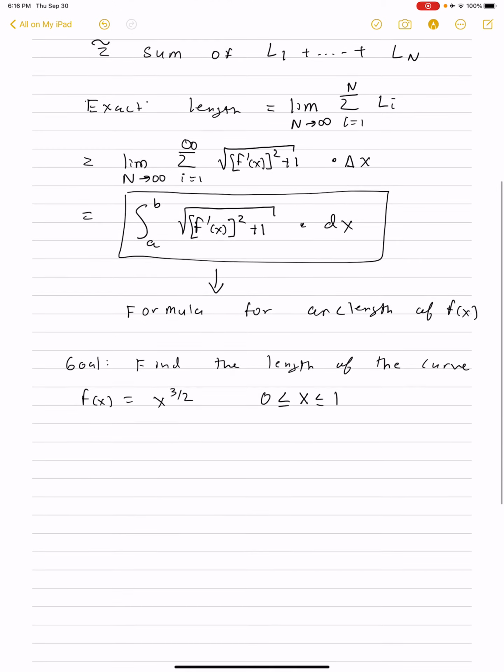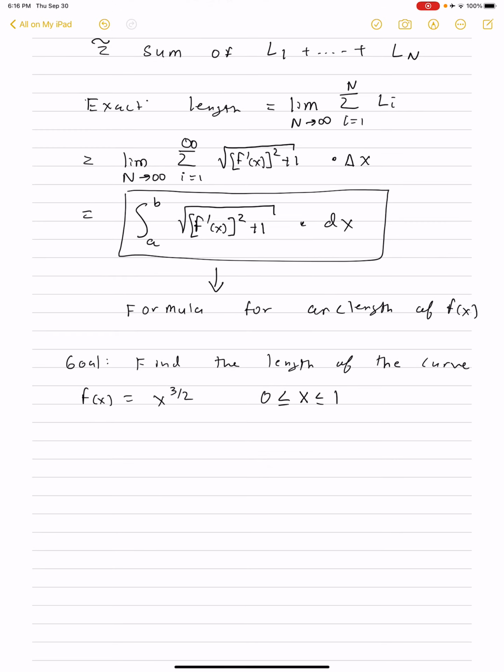So I just apply this formula. I'll need to know f prime of x. And for f prime of x, we just bring the power down as we said we would. This will be 3/2 times x to the 1/2.